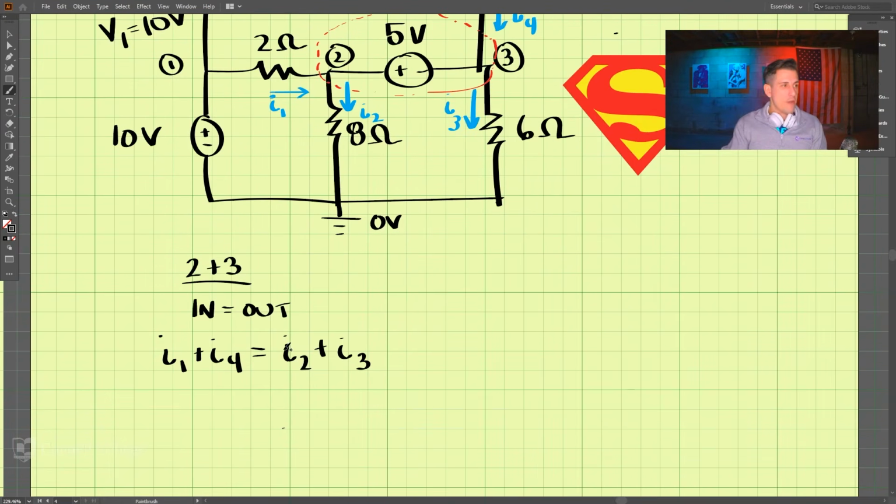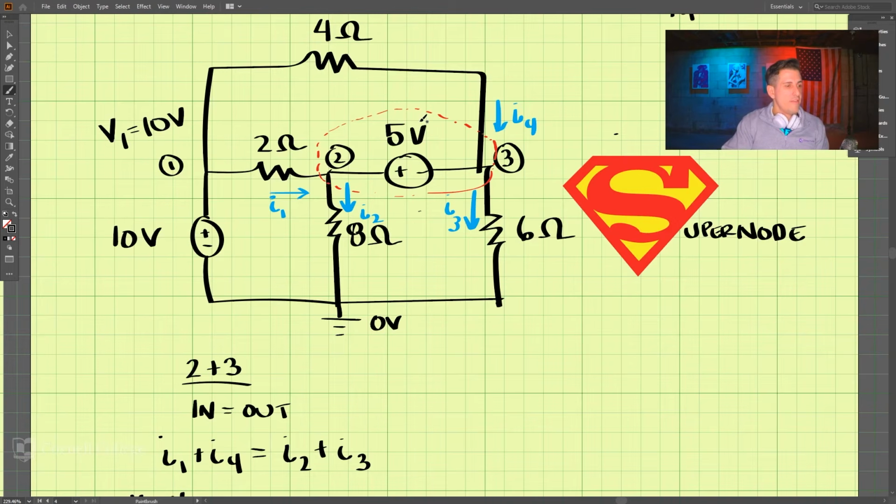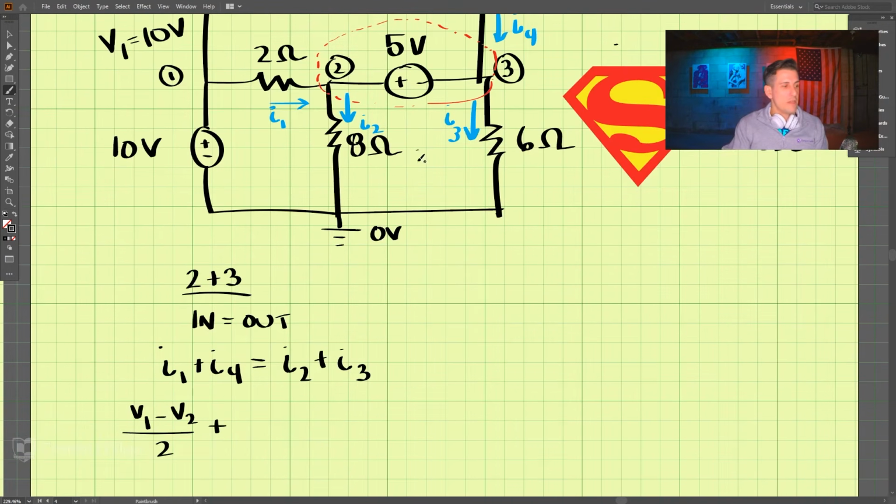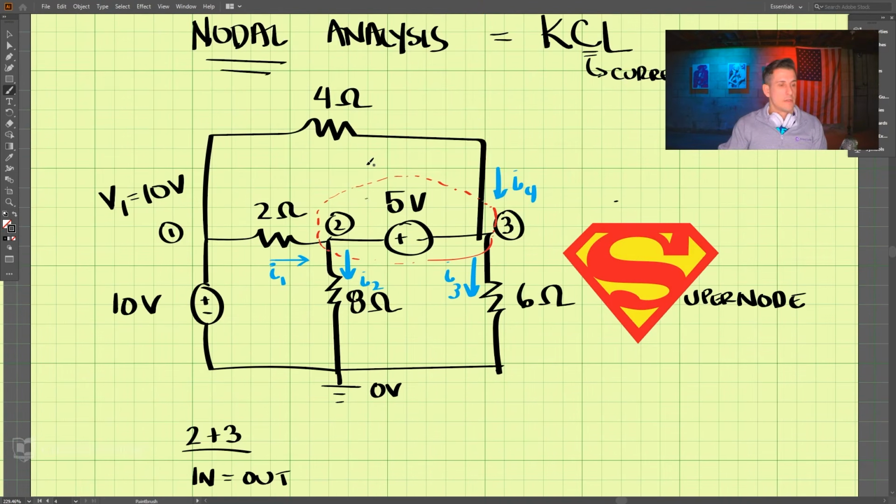And then I1 is V1 minus V2 divided by 2 ohms, plus I4. I4 is equal to V1 minus V3 divided by 4.